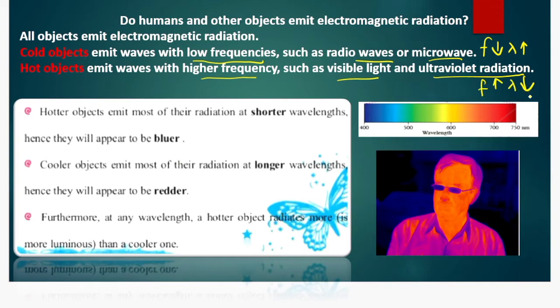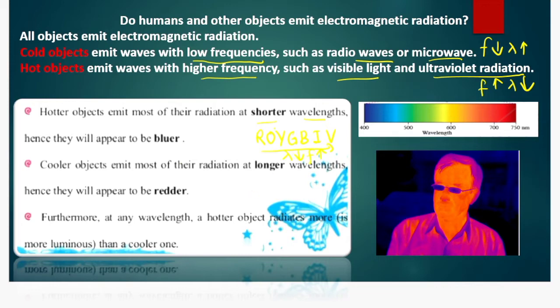Hotter objects emit most of the radiation at shorter wavelengths, hence they will appear to be bluer. As we discussed about the spectrum of color just now, the visible light: red, orange, yellow, green, blue, indigo, and violet. From red to violet, lambda decreases. So the shorter wavelength will appear bluer or near to violet color.